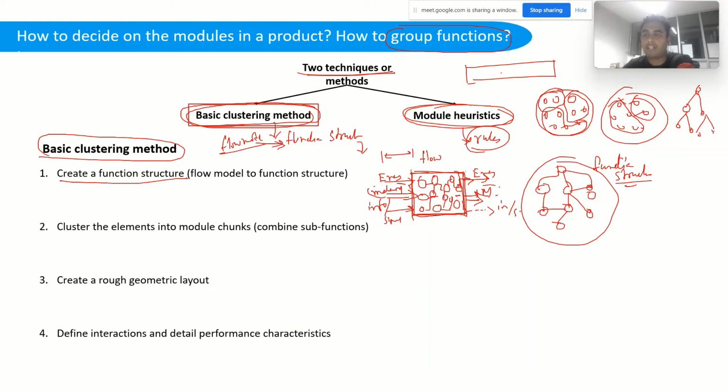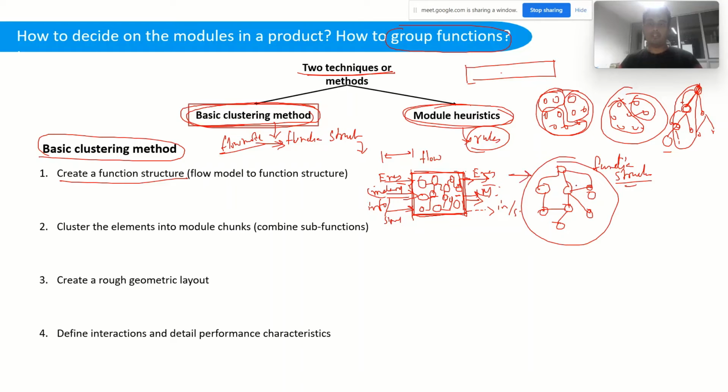For example, for an electric shaver we can say this needs only one hierarchy: converting electrical energy to DC voltage, to trimming, and then finally cutting. So it can be represented using a simple tree structure. But in the case of a complex product we use a flow model and then come up with a function structure.